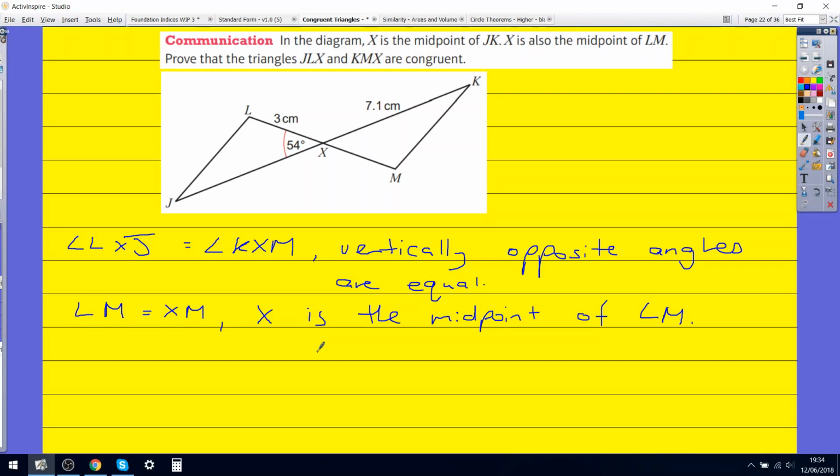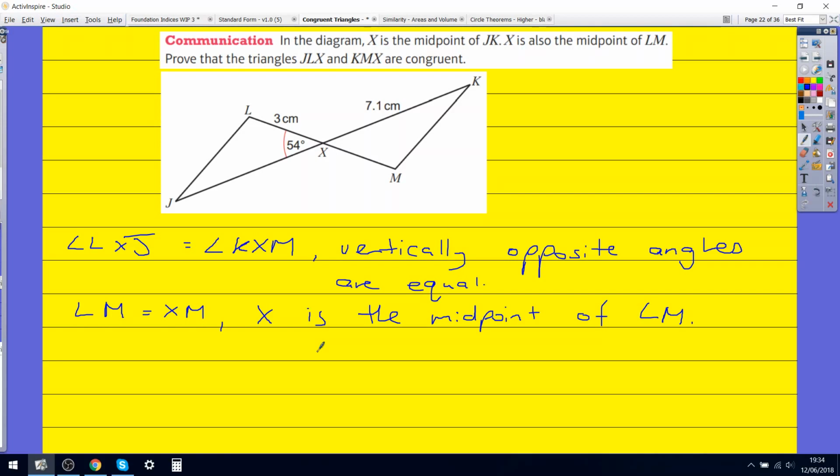So this one is very similar to one we just did. Yeah, it's exactly the same. In the previous one, I noticed you said this angle here is also 54. The reason I omitted that is because we don't even need to say what the angles are, or that XM is 3 or JX is 7.1.